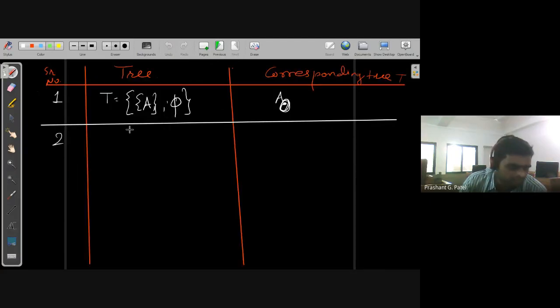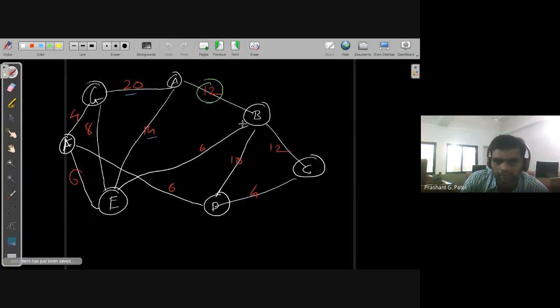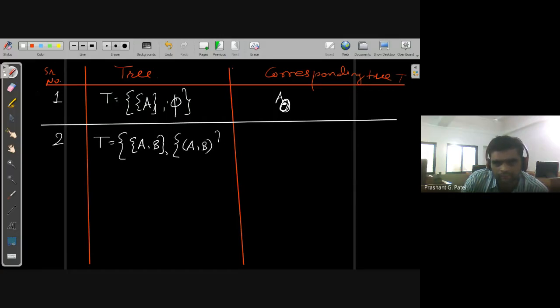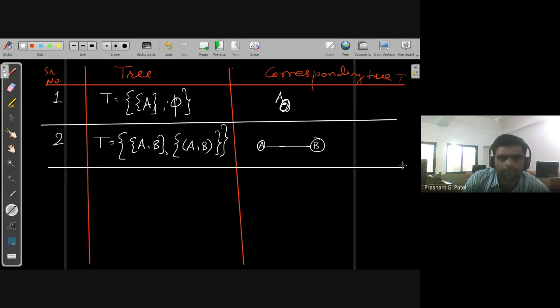That means the vertex we have to add is B, and the edge AB is added into this tree. So this T's vertex set is A, B, and the edge set is the edge AB. And the corresponding graph you will have is A and B. This is step number 2.